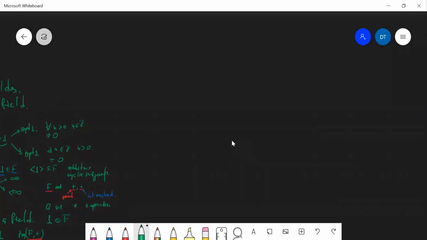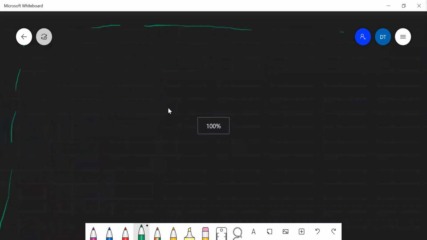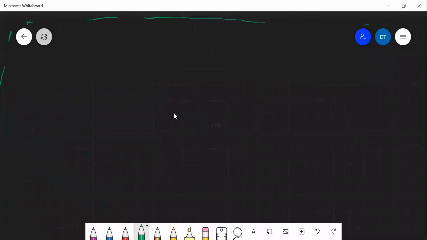Okay, now I want to discuss how to build new fields. So I want to discuss field extensions. The idea to build new fields is to find a field and then find a bigger field with some properties you want.